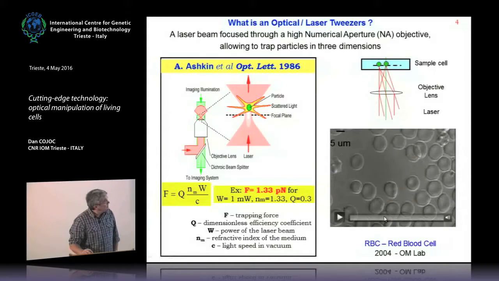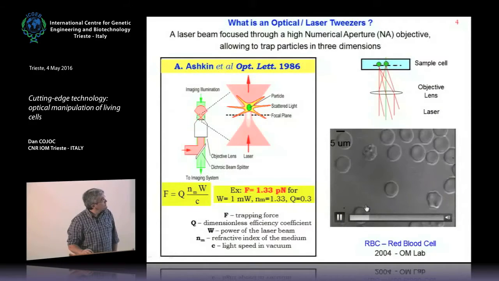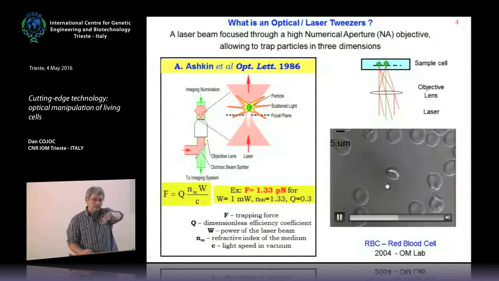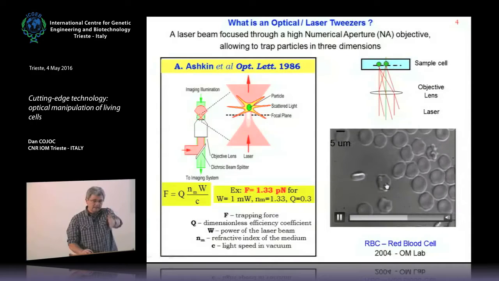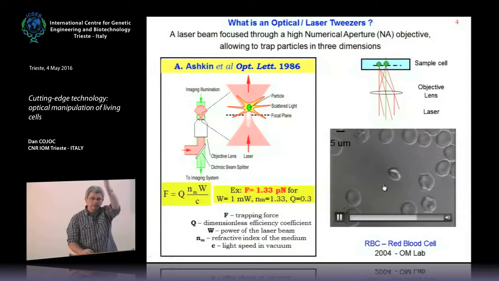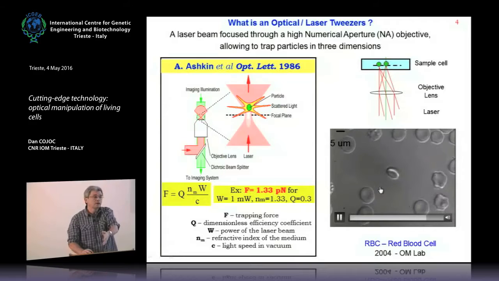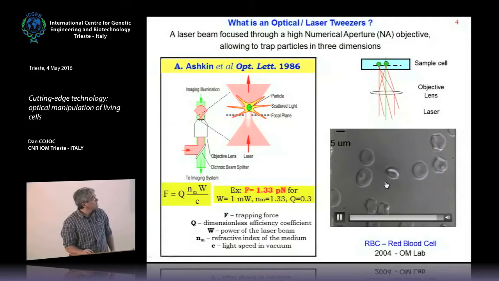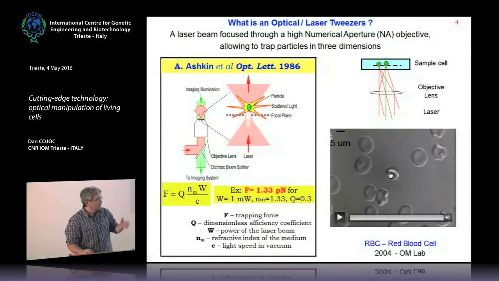So as an example here, we can see the trapping of a red blood cell. So we move the stage. Here is a trap, and you see a red blood cell is trapped and rotated like this. So it follows the axial, the optical axis. The disc shape makes that the cell is trapped like this.